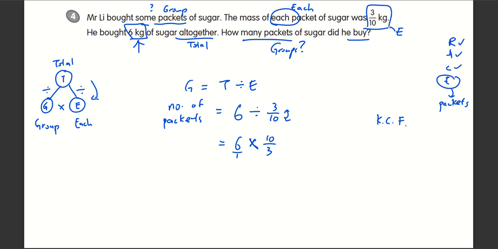And then after that I multiply. I can simplify further, and I'll get 20 packets. That's it. So he bought 20 packets of sugar. By using the methods group each and total and keep change flip, I can solve this quickly.